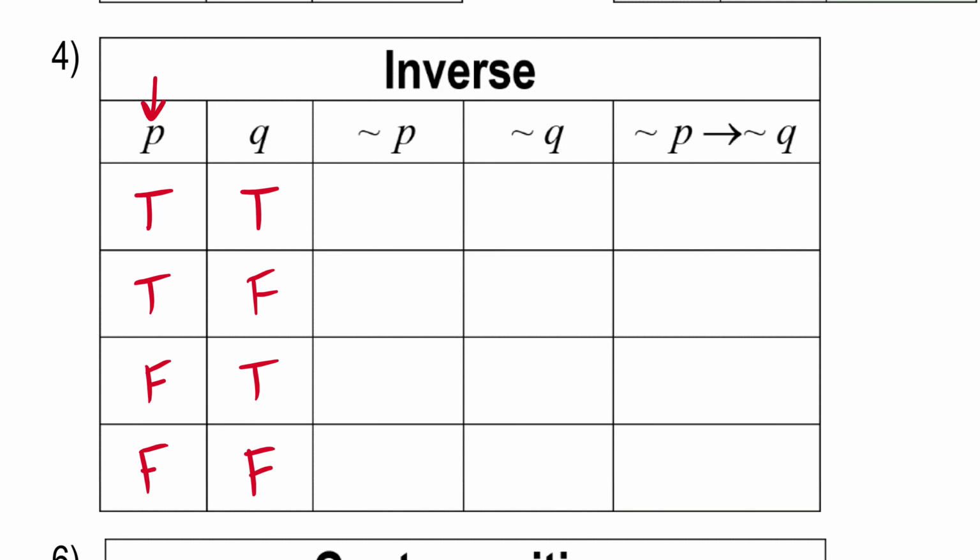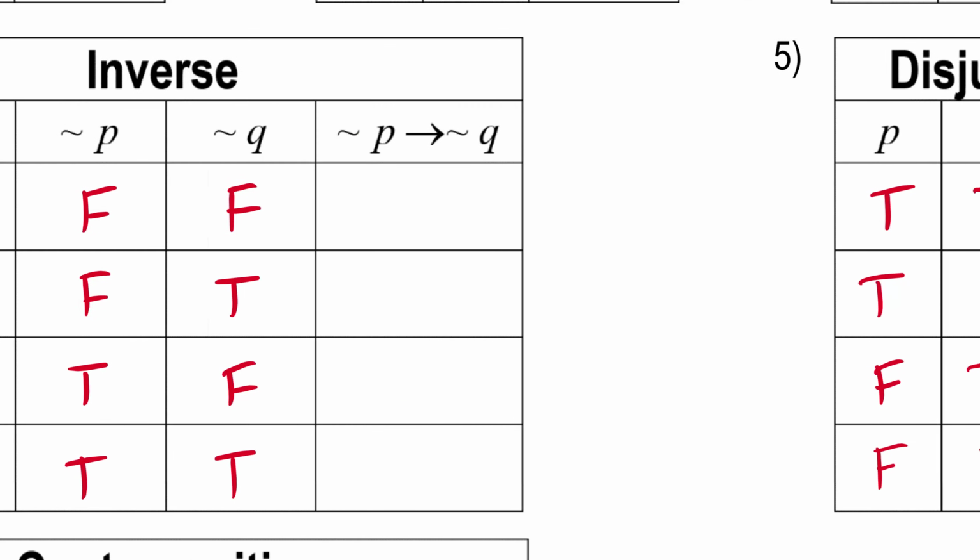So I now have false, false, true, true. And then the same thing, I look at Q and I flip those. False, true, false, true.